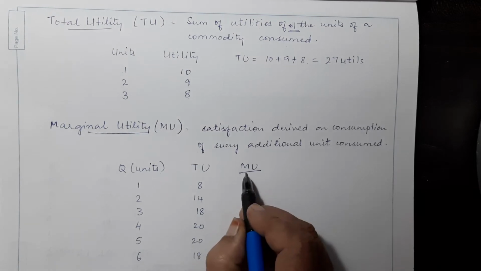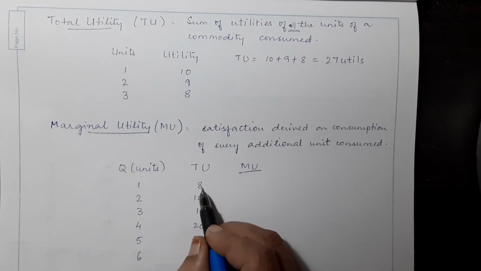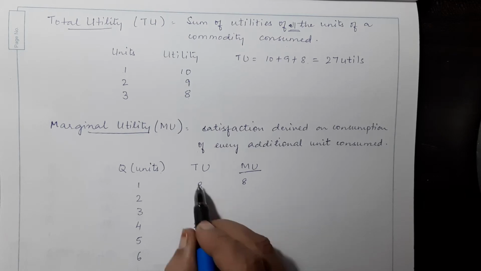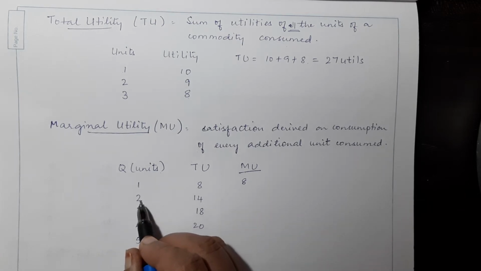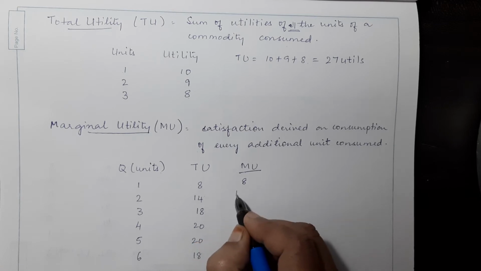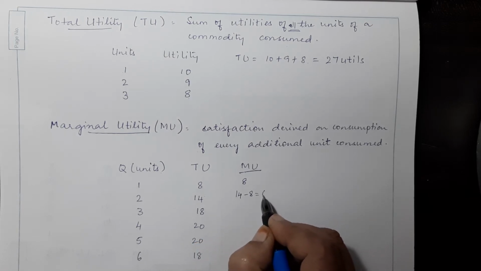Now, the marginal utility on consumption of the first unit will be the same as the total utility because he is consuming only 1 unit of the good, which is equal to 8 utils. Whereas when he consumes the second unit, it will be the difference of these 2, that means 14 minus 8, which is equal to 6 utils.